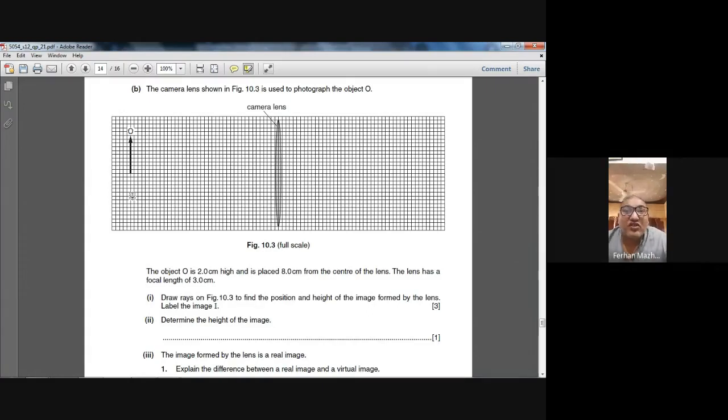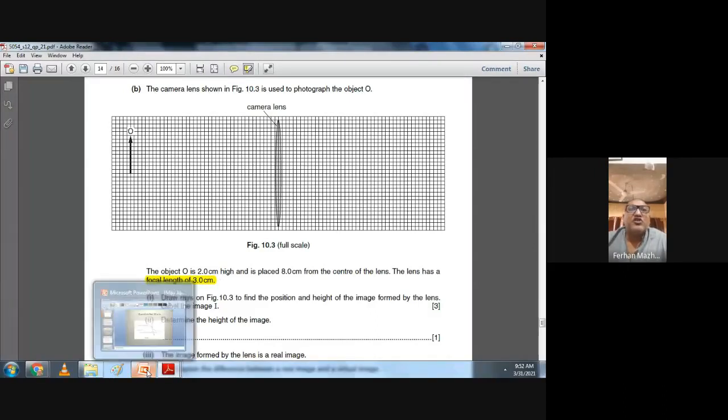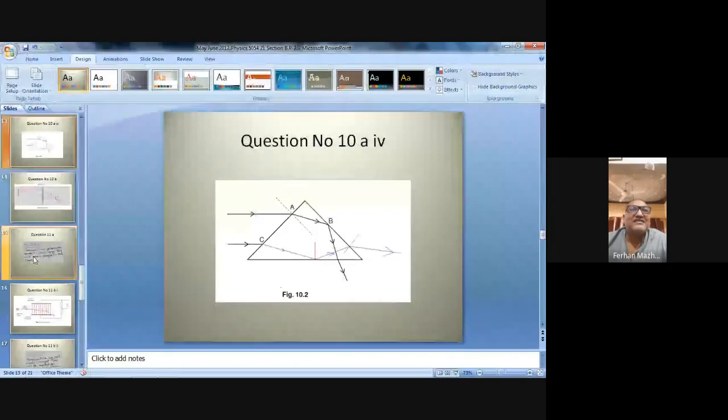Draw rays on the figure 10.3 to find the position and height of the image formed by the lens. Label the image I. I've done this. It's a 3 mark question. The focal length is, remember this thing, 3 centimeter. Let me show you my work. I have done this.